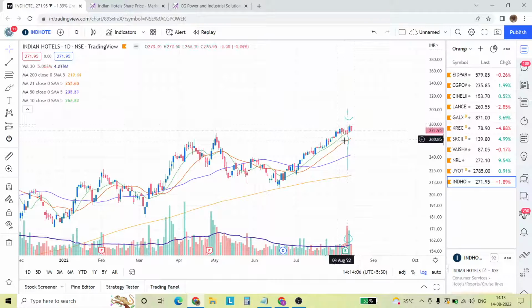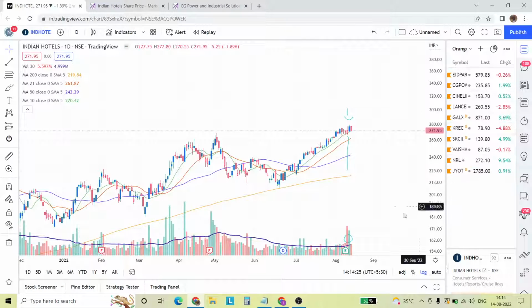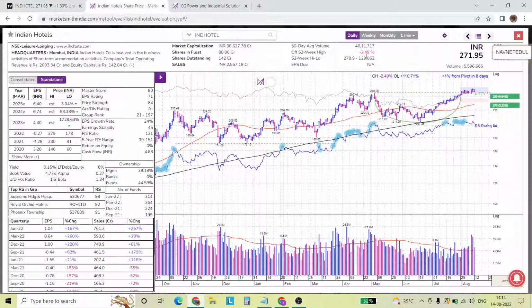When the price tightens, there should be no supply, so that when a breakout happens, even a little bit of demand will push the stock rocketing high. But in this one, there has been a good amount of selling, so I think there is overhead supply and it won't move as smoothly. So we are not going to concentrate on this one, we are going to remove it.